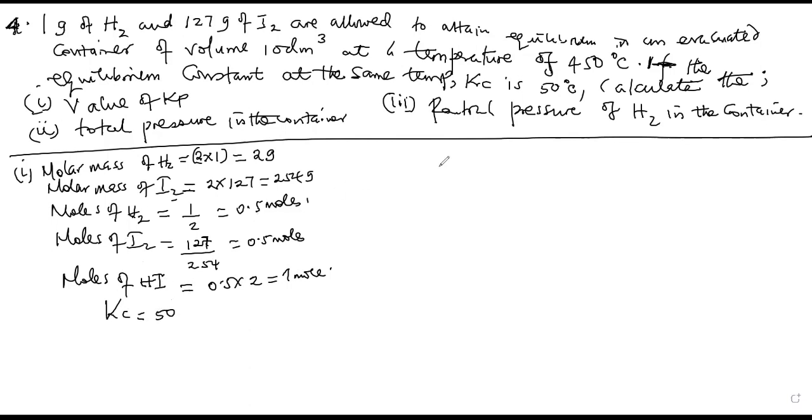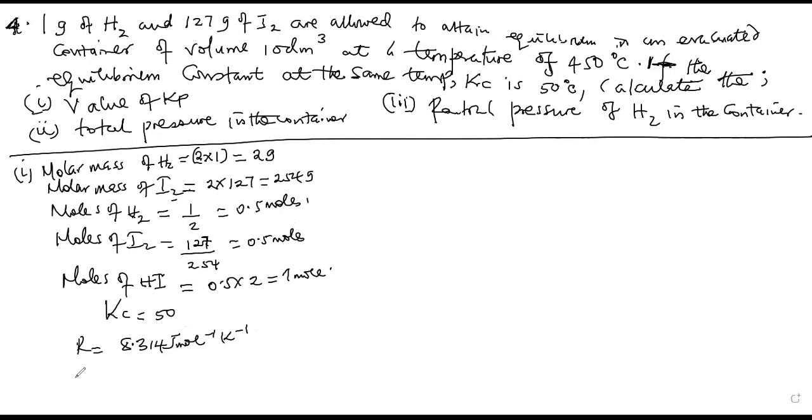Now, since they need Kp, we looked at the expression for the relationship between Kc and Kp in our first lesson. I want to remind you that to get the answer, we need to know the molar gas constant, which is 8.314 joules per mole per Kelvin.